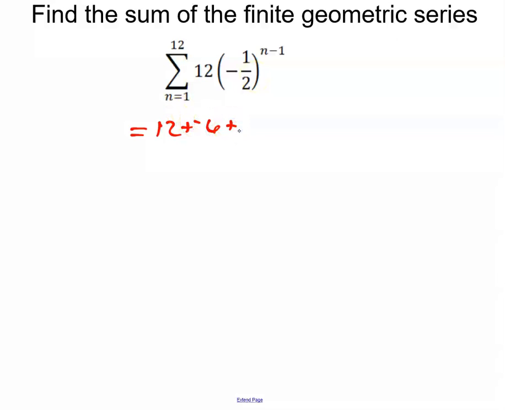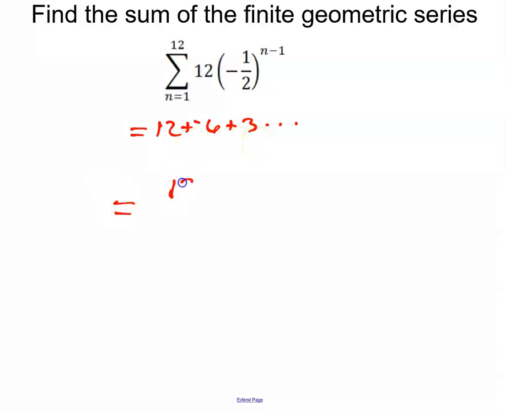Then when it's 3, it's to the second power. Second power is positive 1/4. 12 times positive 1/4 is positive 3. And you can see that something is being multiplied each time. It's negative 1/2.